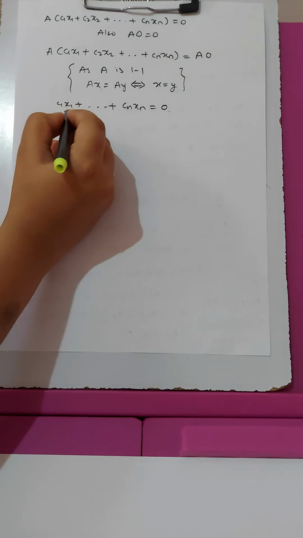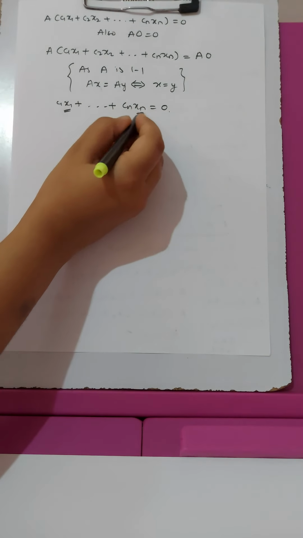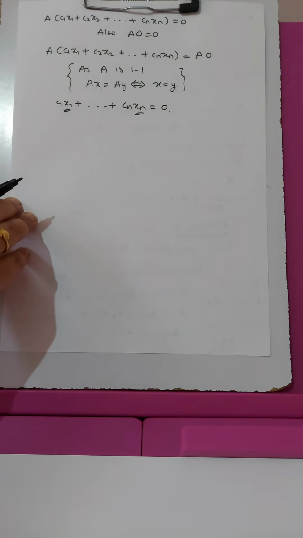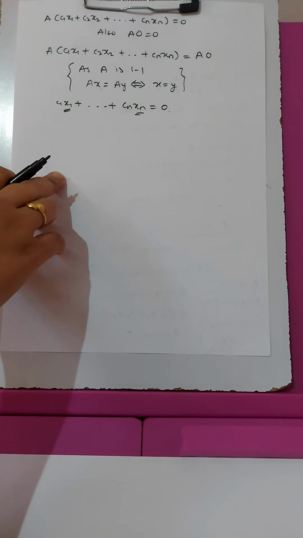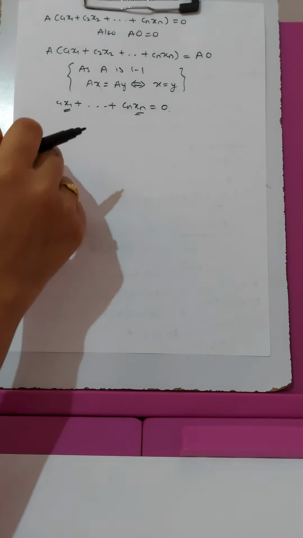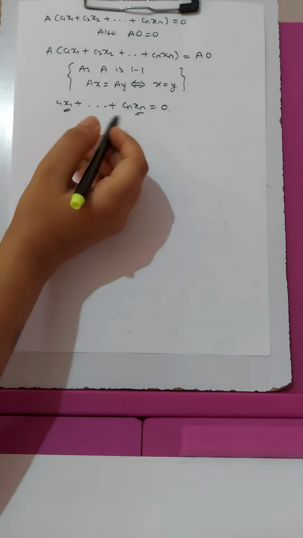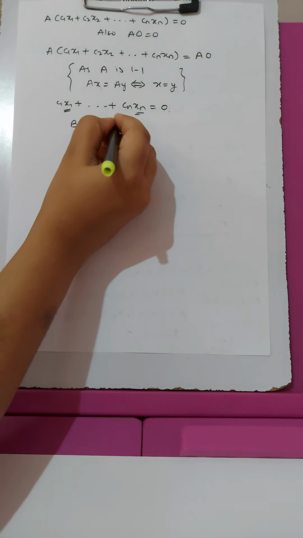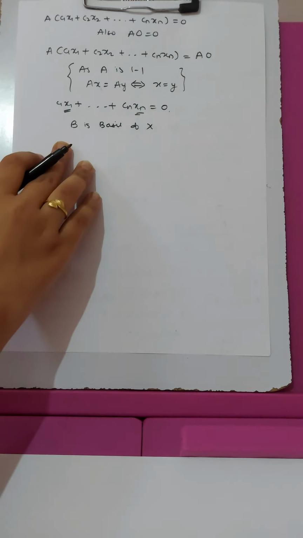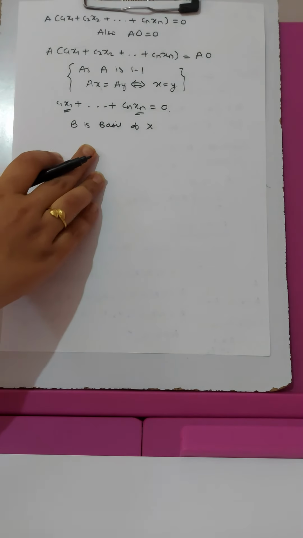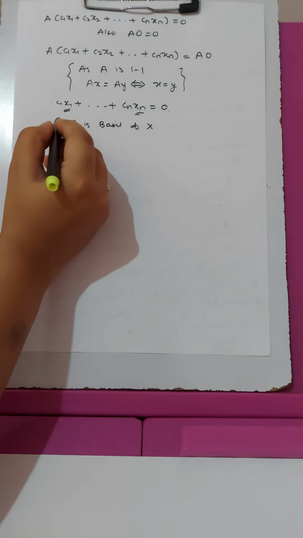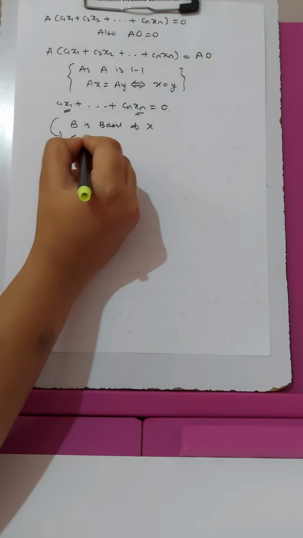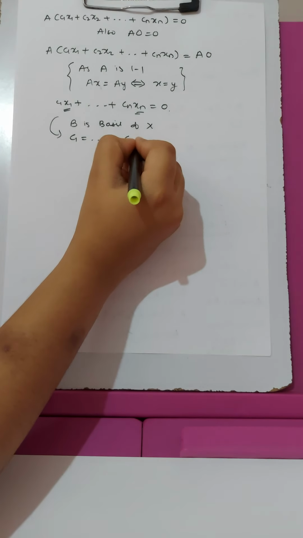Now since x1, x2, up to xn are the elements of the basis B of the vector space X, and as it is a basis, by definition it is linearly independent, this implies that all these scalars c1 up to cn are 0.